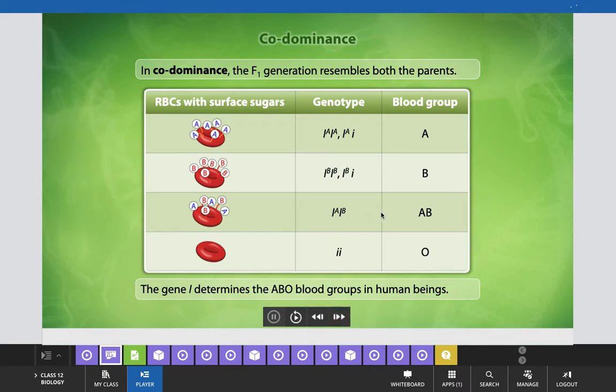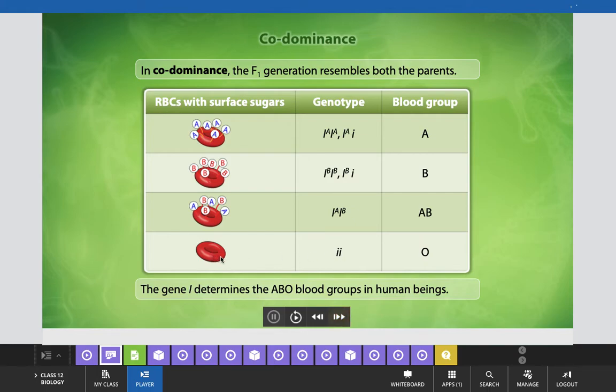and due to the presence of these two sugars, the blood group is AB type, meaning both types of sugars show their effect in the human blood group.